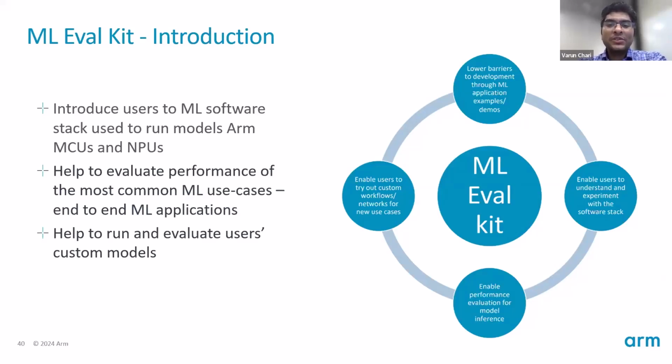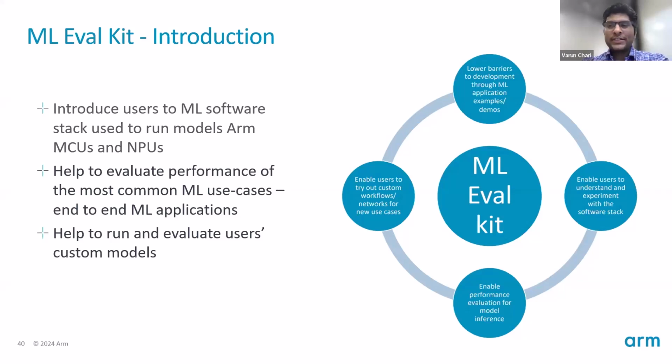It enables users to understand and experiment with the software stack. It enables performance evaluation for model inferences, and enables users to try custom workflows and networks for new use cases. So it's basically an easy entry for ML application development using the entire Open-CMSIS and VS Code ecosystem.